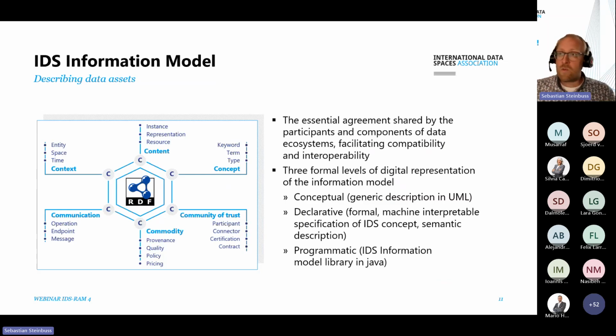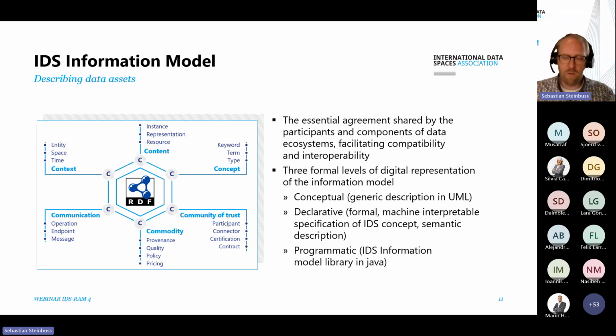I mentioned briefly before that we have this notion of a data product, or data as a tradable asset. This is part of the IDS information model, the IDS information layer. And this is structured based on this 6C hexagon. So this was a funny exercise when we started with that. We said we need to structure this data as a tradable asset a little bit.